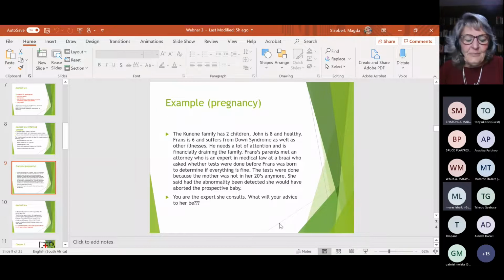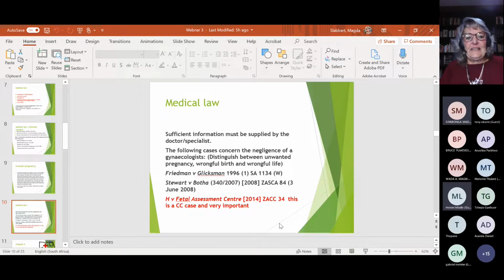Now, this is very important because for many, many years, this was not an option in the South African legal system.